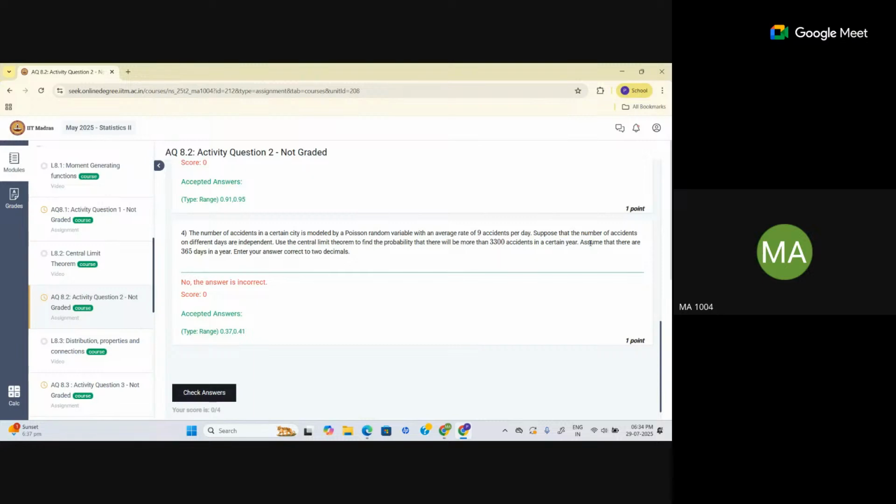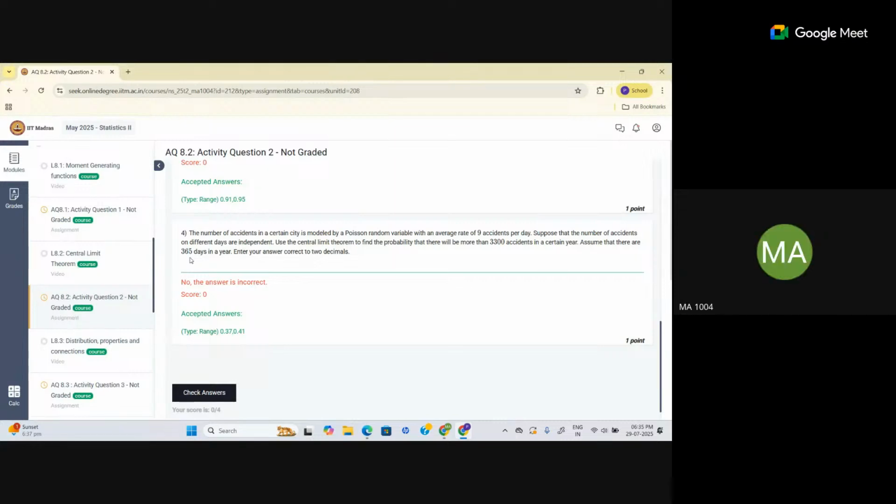You can see that xi is a random variable following a Poisson distribution with parameter lambda, which is 9 here, and you need the average number of accidents per year. If you're calculating it per year, then the average will be 9 into 365, right?